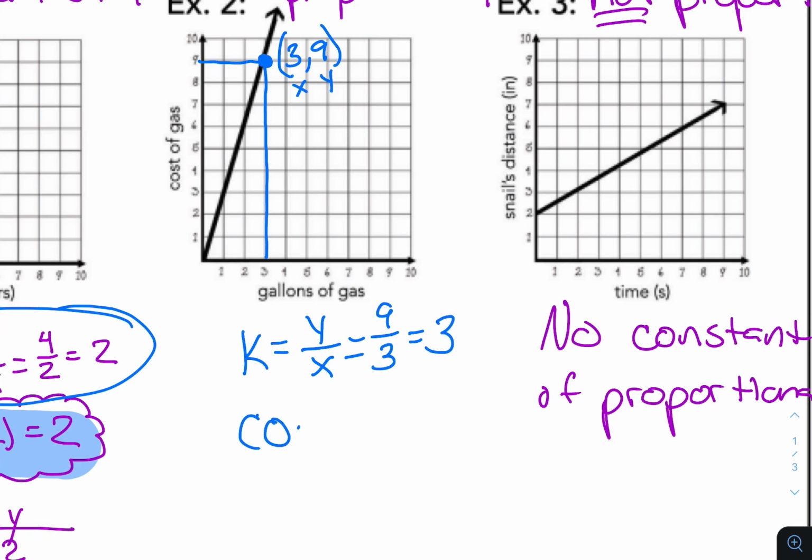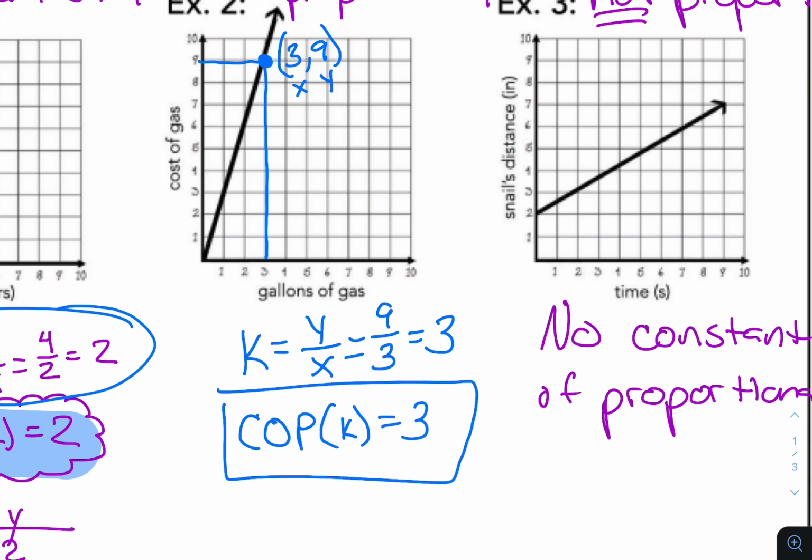So our constant of proportionality, also known as k, is 3. Final answer. Now you can check this by saying, okay, 2 times 3 is 6. Does that hit at 6? It sure does. 1 times 3 is 3. Does it hit at 3? Sure does. So that's one way you can check your work as well.